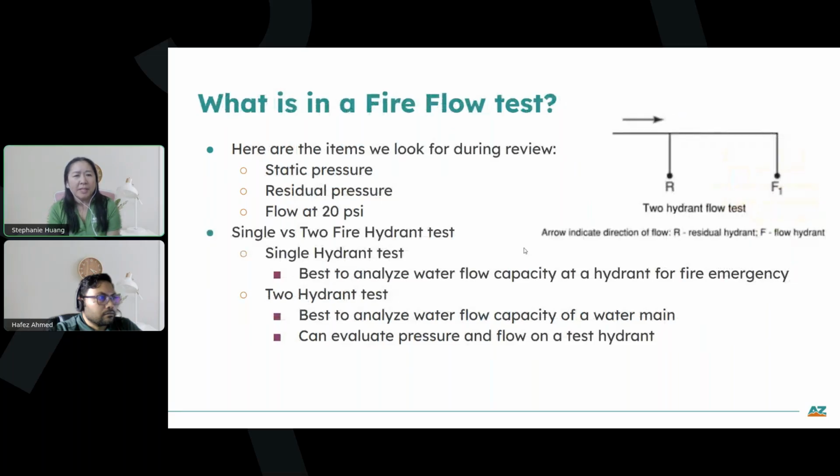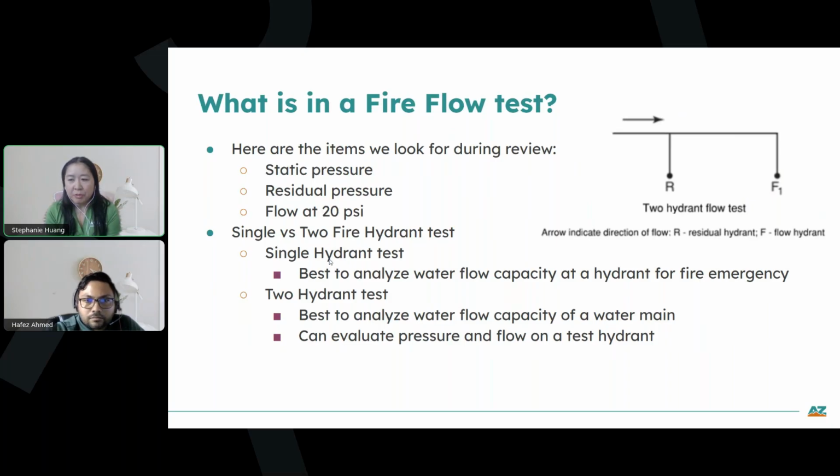So what is in a fire flow test? Here you could see that we have R, which represents a residual hydrant, and F, which represents a flow hydrant. In this review, we're looking at static pressure and residual pressure and flow at 20 psi.